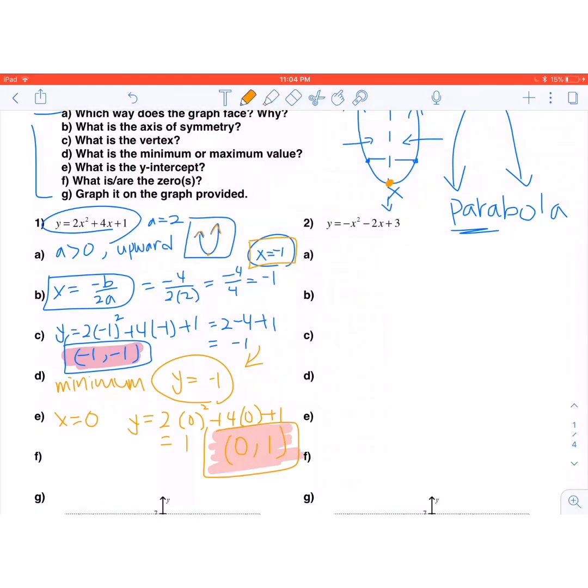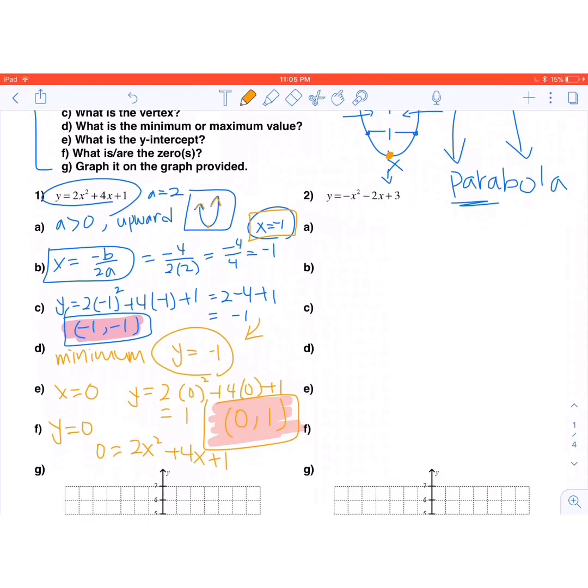All right, so now we are going to answer question F. What are the zeros? Zeros mean what are the x values when y is equal to 0? So do the opposite of part E, y equal to 0. So when we let y equal 0, it turns out to be 0 is equal to 2x squared plus 4x plus 1. Notice how that's what we've been doing for this whole unit to find the x's when the equation is equal to 0.